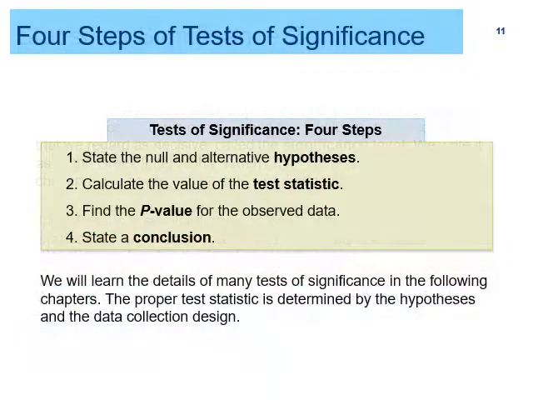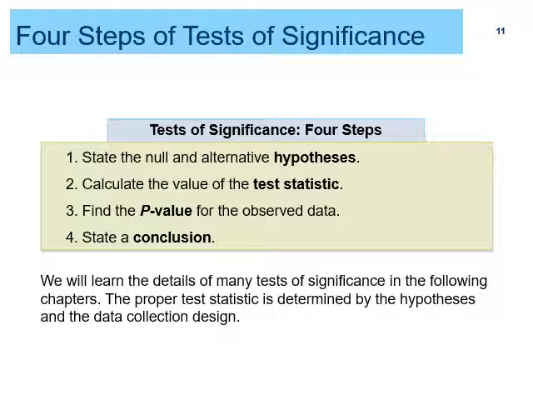So now here are the 4 steps of a test of significance. First is to state the null and alternate hypothesis. The null hypothesis is commonly the accepted fact, while researchers come up with an alternate hypothesis that they think explains the phenomenon, and then they work to reject the null hypothesis. Here we can understand that null doesn't mean there is nothing.